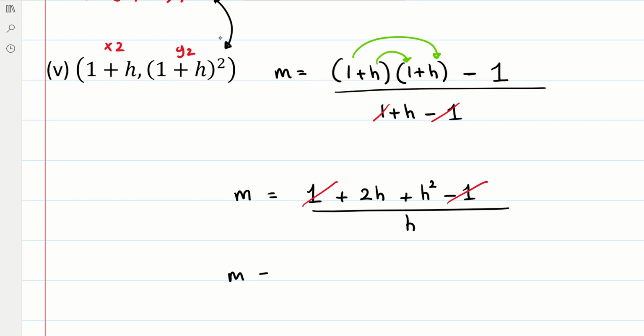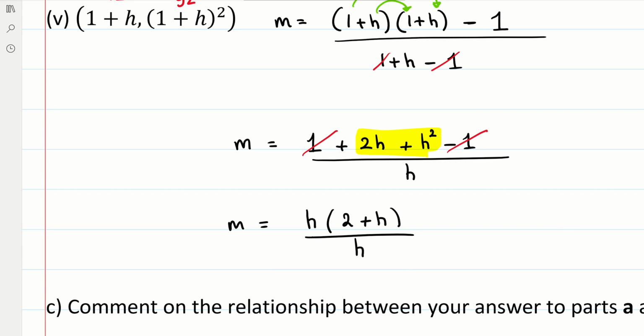So what I'm left with is 2h plus h squared, which I'm going to factorize. So I'm going to factorize the h out. H is 2 plus h divided by h. And the h divided by h is gone. So really, the gradient is 2 plus h. 2 plus a very, very, very small distance.